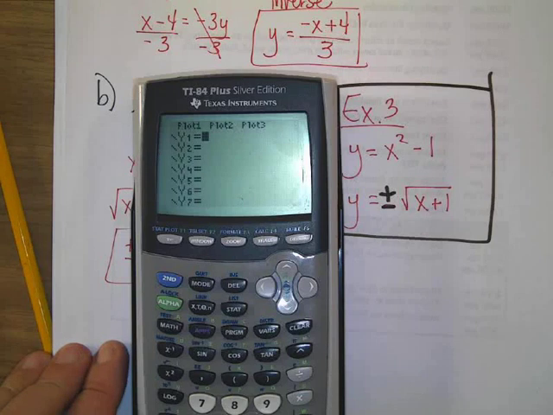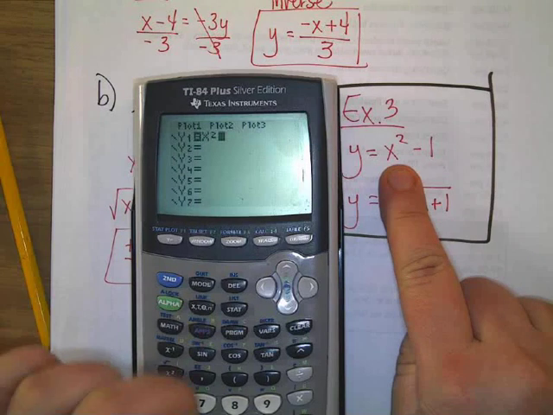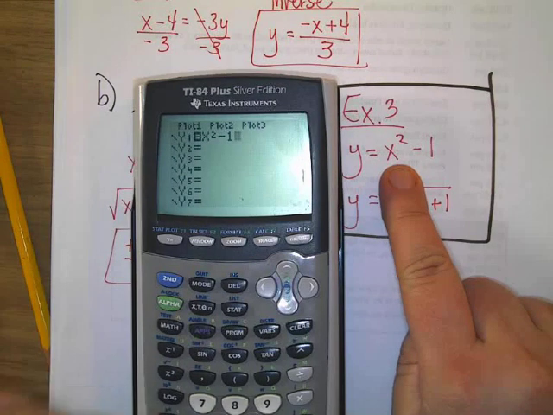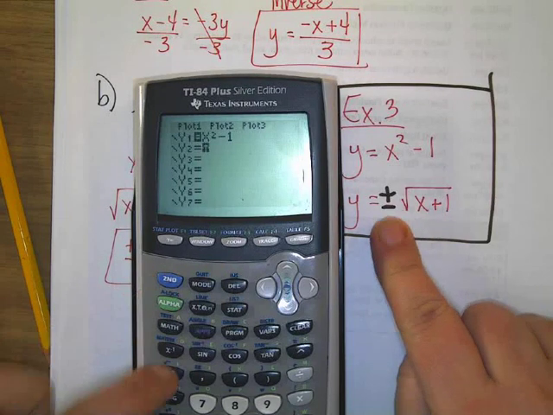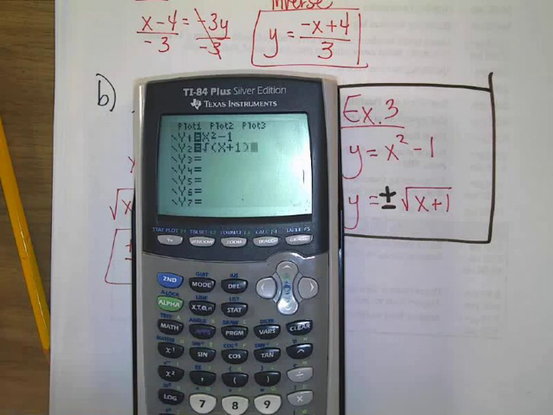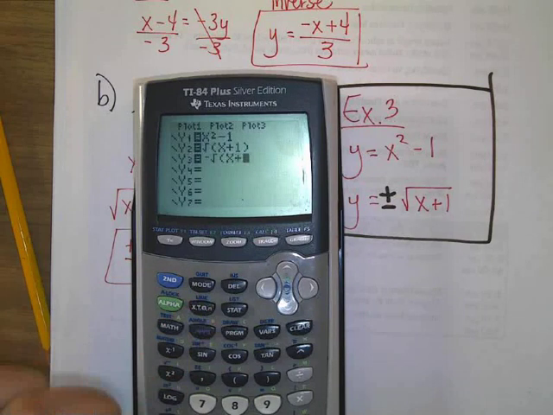The first one is x squared minus 1. Then we do the positive: square root of x plus 1, close parenthesis. And on the next one, the negative square root of x plus 1, close parenthesis.